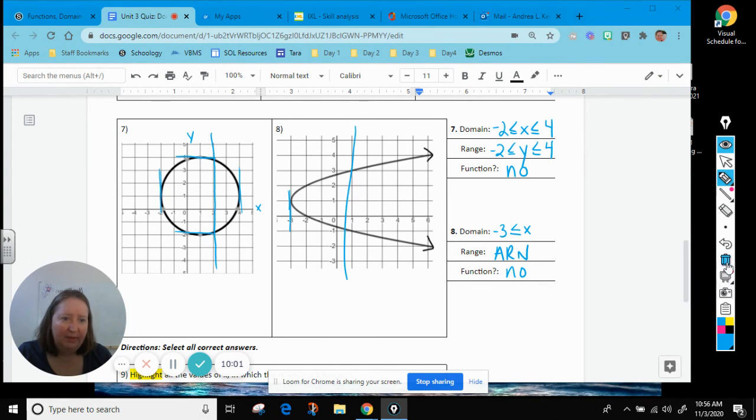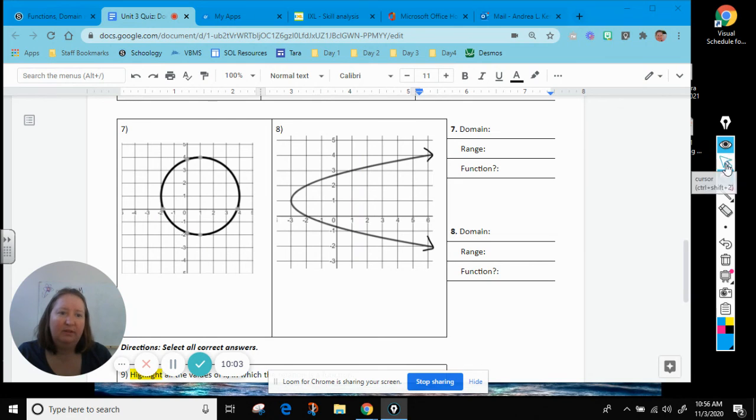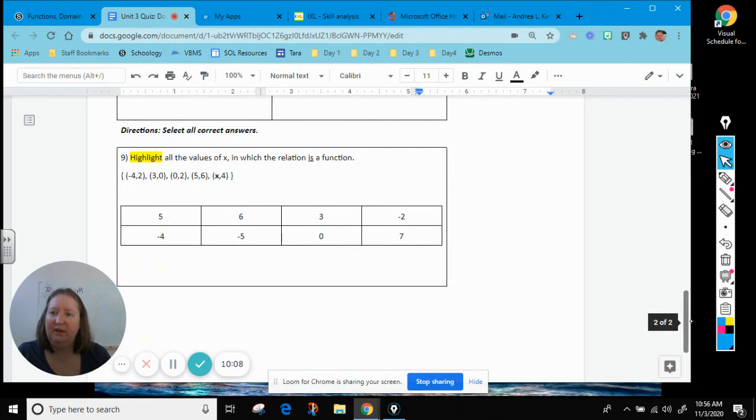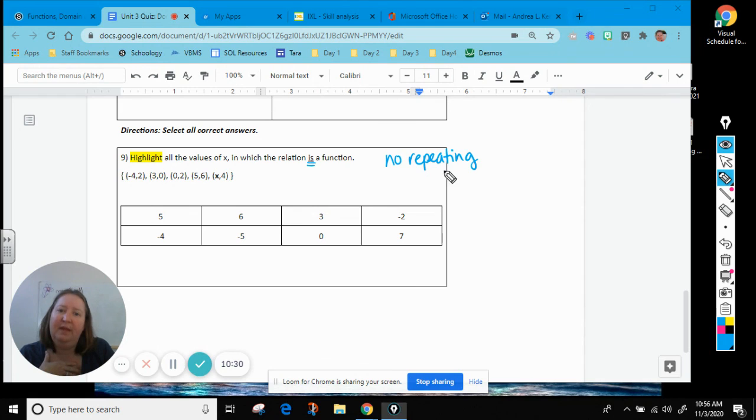Now put that in the trash and scroll down further. Last question here. This has an X value right there, and the question is asking what of these numbers could I put in for X and it would still be a function? The definition of a function is no repeating X values.